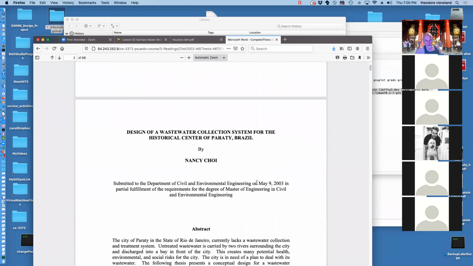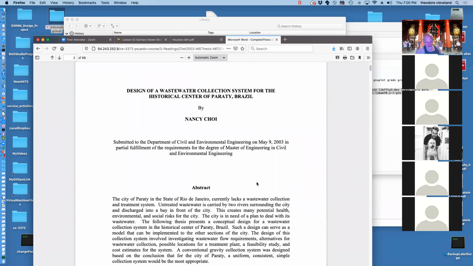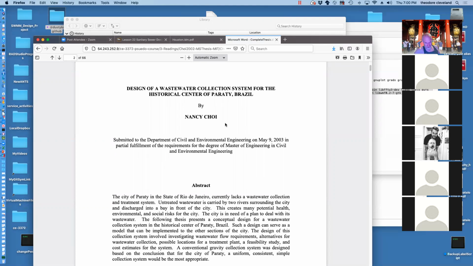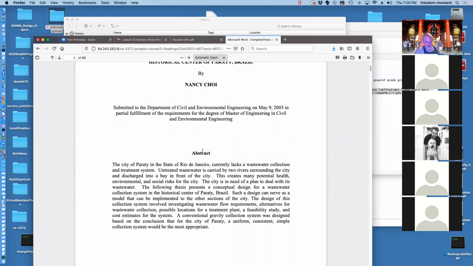And in this thesis, the reason I selected it, this is actually a pretty good go-by of the kinds of things that one would do if they were a prudent engineer doing the conceptual design aspect for a particular location. So she hit all the big pieces.